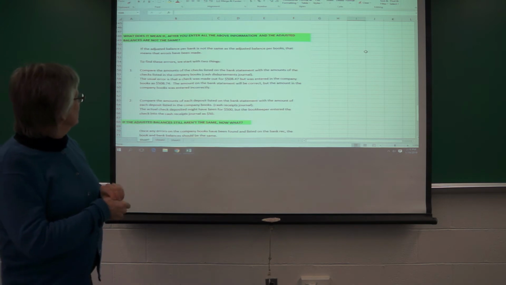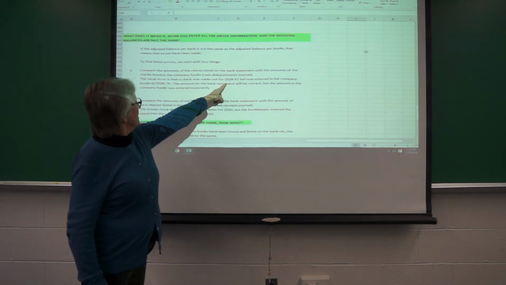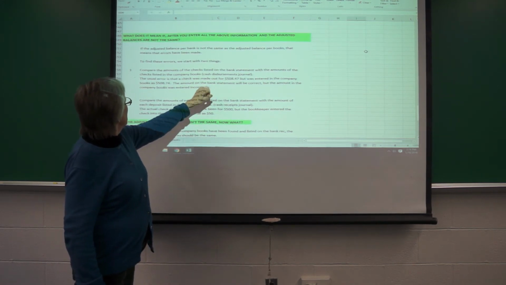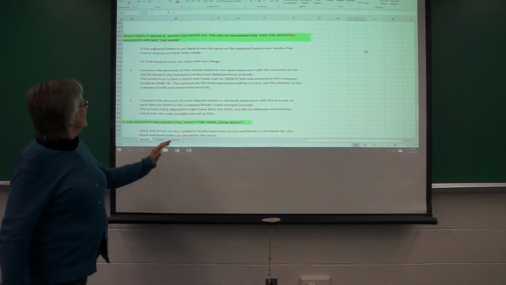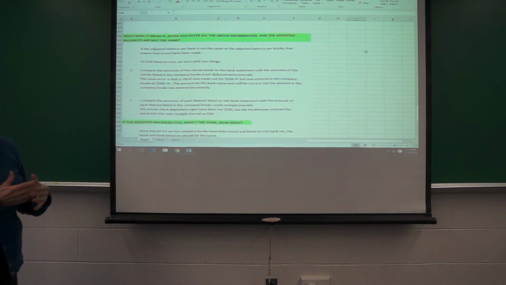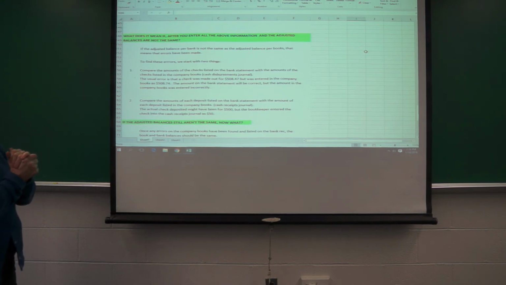A usual error would be that a check was made out for $508.47, but it was on the books at $508.74 or something like that. And so you have to make those adjustments, and those will either be deductions or additions to the book side of the bank reconciliation, depending on what needs to happen.